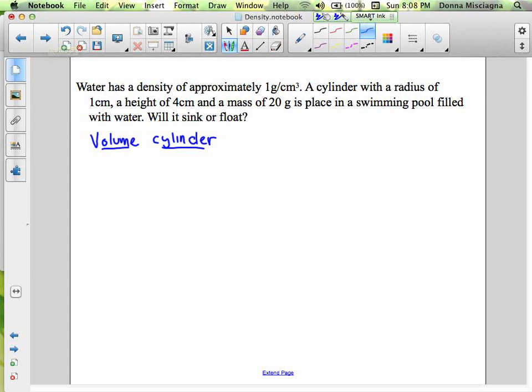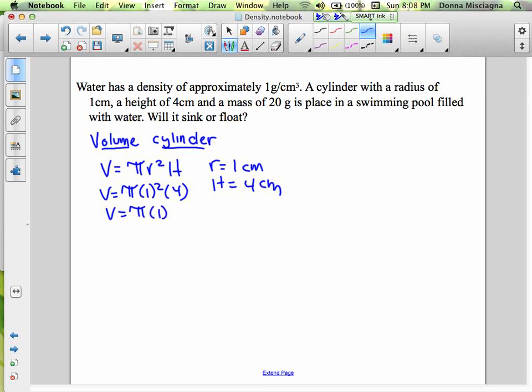But let's find the volume of the cylinder first, because we won't be able to answer this question without that. As a reminder, volume of a cylinder is pi r squared times the height. The radius is 1 centimeter, and the height of the cylinder is 4 centimeters. So that means the volume is pi times 1 squared times 4. Well, 1 squared is 1, and 1 times 4 is 4.